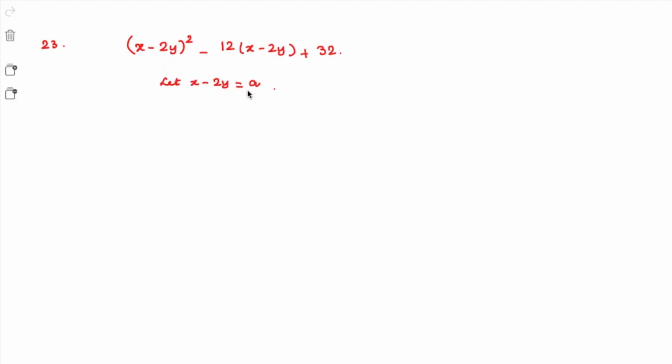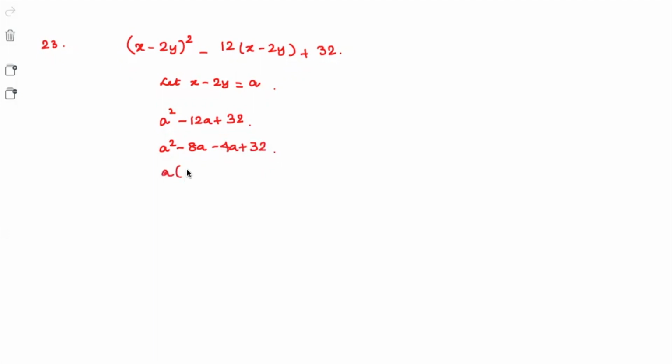Let x minus 2y equals a. Why did we take this? Because it simplifies down to a square minus 12a plus 32, which is easier to do. A square minus 8a minus 4a plus 32.